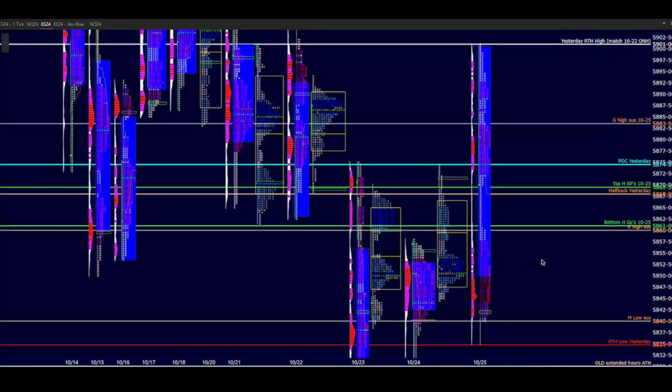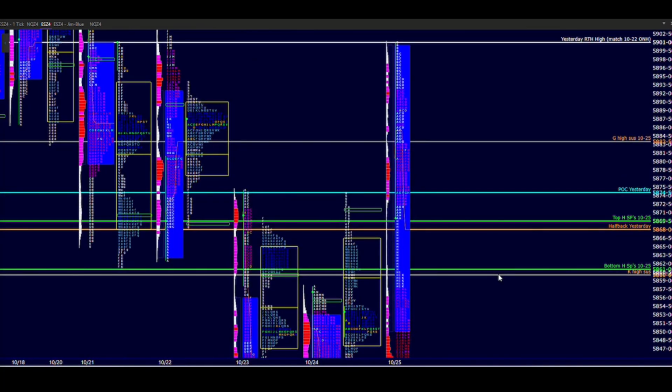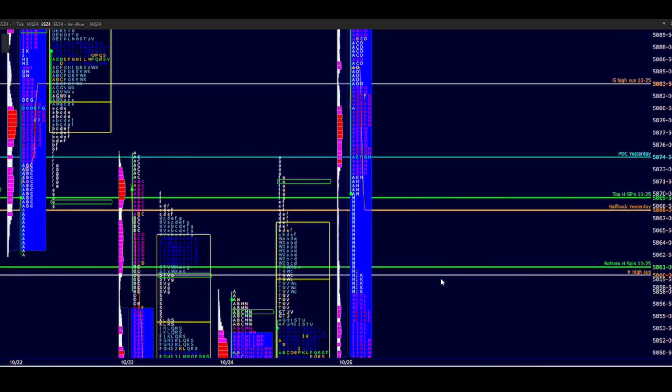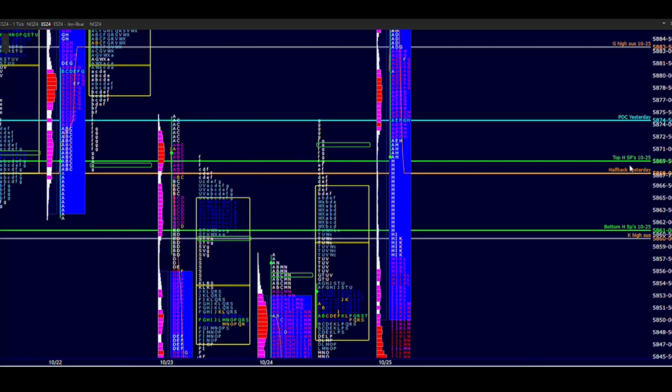So let's look at Friday a little closer, and we can see that we have a distribution, which is highlighted in the green horizontal lines on your screen, and it says top HSPs, which stand for single prints, and the bottom.